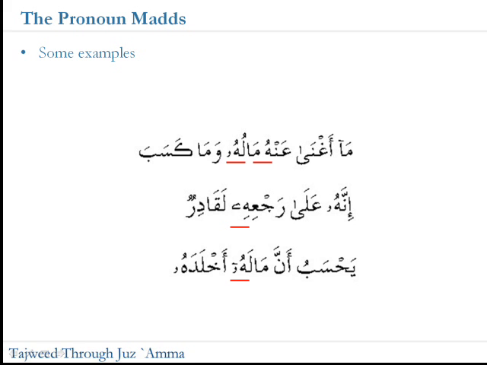And the last case is ma lahu, which can be 4 or 5 long, and the pronoun "hu" is between the lam, which is voweled, and the hamza, which is voweled, but the hamza is afterwards, so we lengthen it to 4 or 5 long. And you normally see the mad sign, which is the wave, above the small symbol which looks like the waw. And they're the rules for the pronoun mad.